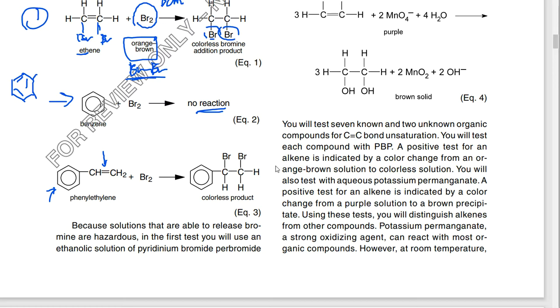So when we rip these 2 bromines apart from each other, and when those 2 bromines basically attack the double bond, get rid of it, bromine goes to the left, bromine goes to the right. When that happens, the diatomic bromine structure is destroyed. And if that Br2 structure is destroyed, then we are also destroying the orange-brown color that it brings to the table.